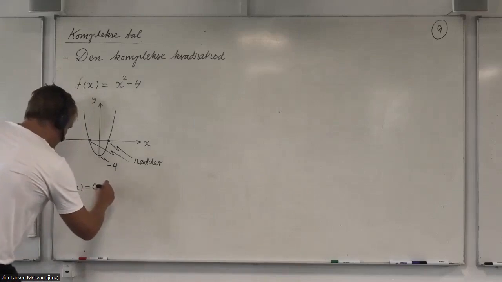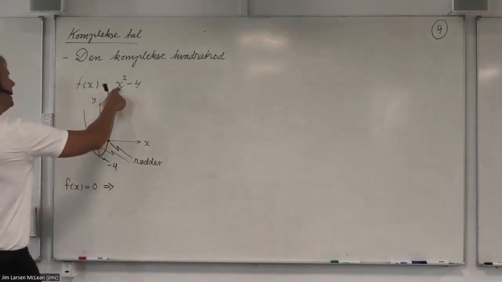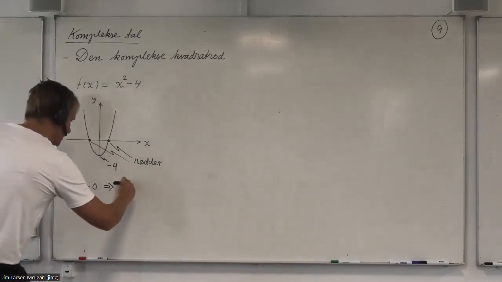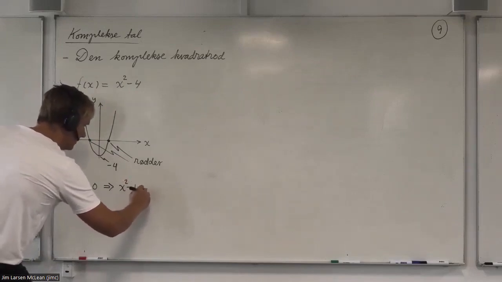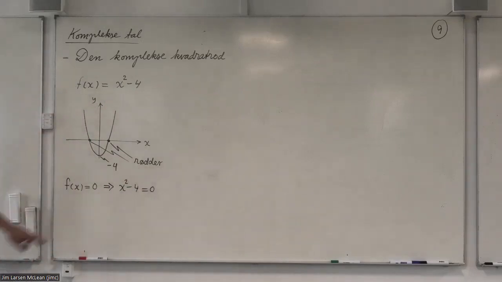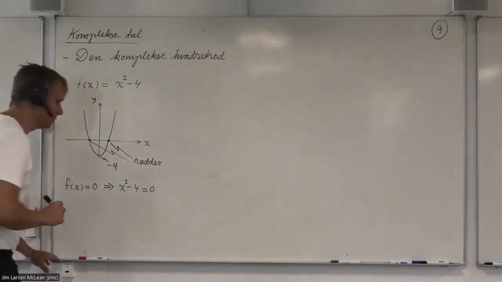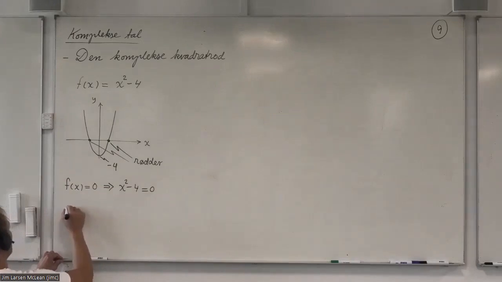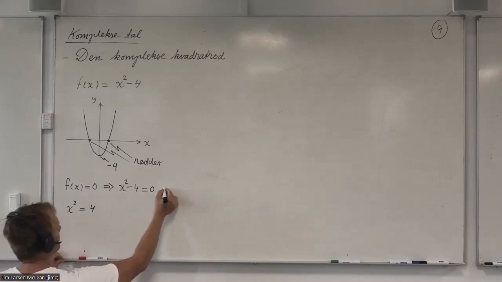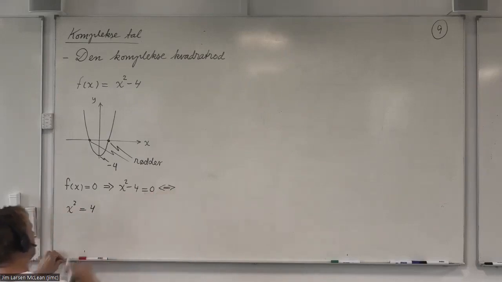This means that it corresponds to asking, when does x squared minus 4 equal 0? And you can solve that equation by adding 4 to both sides, because then you end up with x squared equals 4.